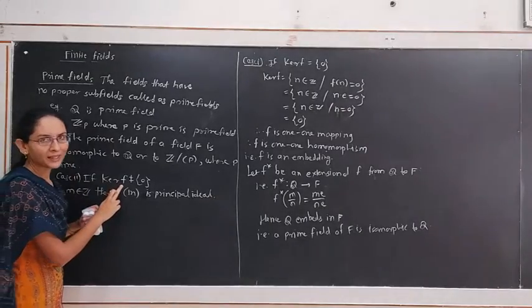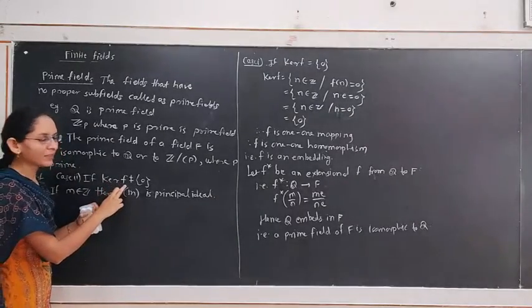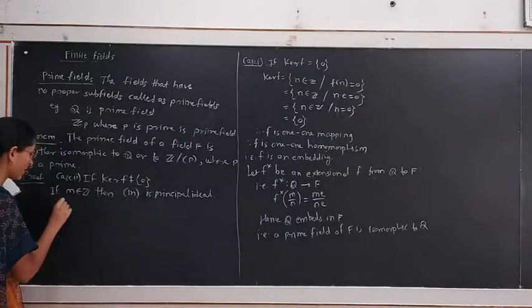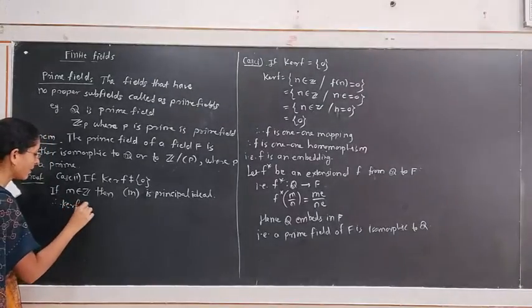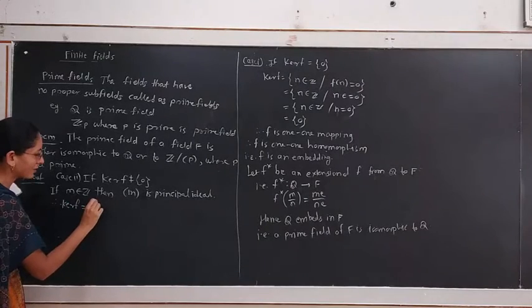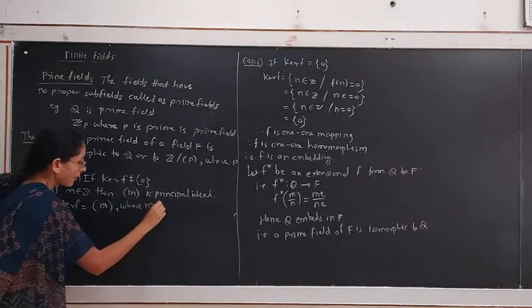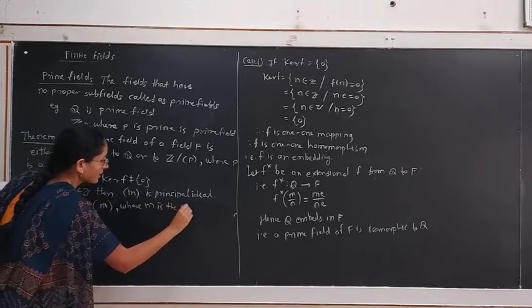Kernel F is also an ideal. Therefore, kernel F is in the form of some principal ideal. Therefore, we take kernel F as the ideal generated by m, where m is a positive integer.